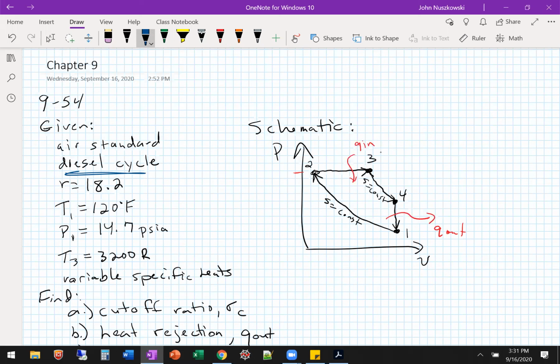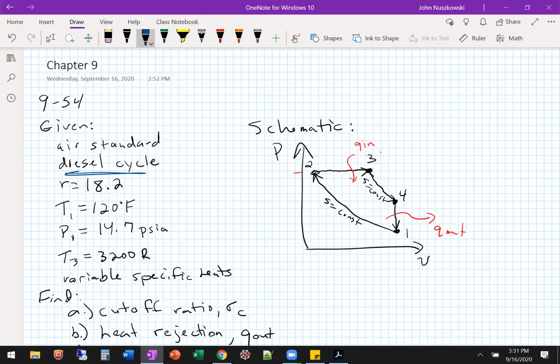So diesel cycle is a closed system, and all our work is from boundary work, right? From the boundary moving. So where do we have a work in that we're doing? One to two.